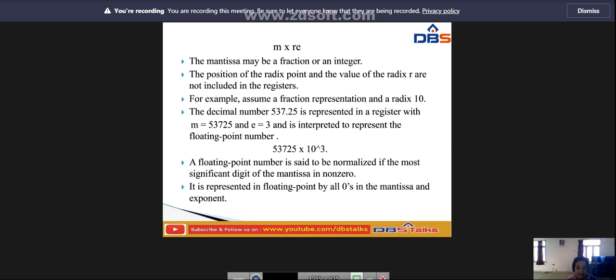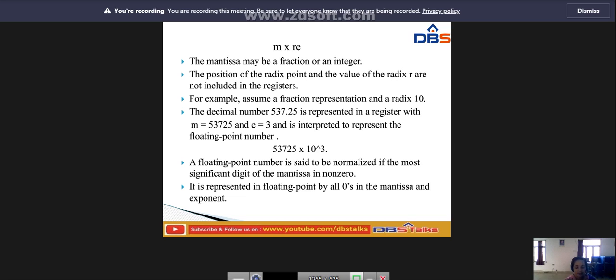Okay, mantissa is nothing but the m, which has some normal value, and in exponential form we are writing like 10 power cube, 10 square, that is the exponent e. So the mantissa is using 36 bits and 12 bits are the exponent.